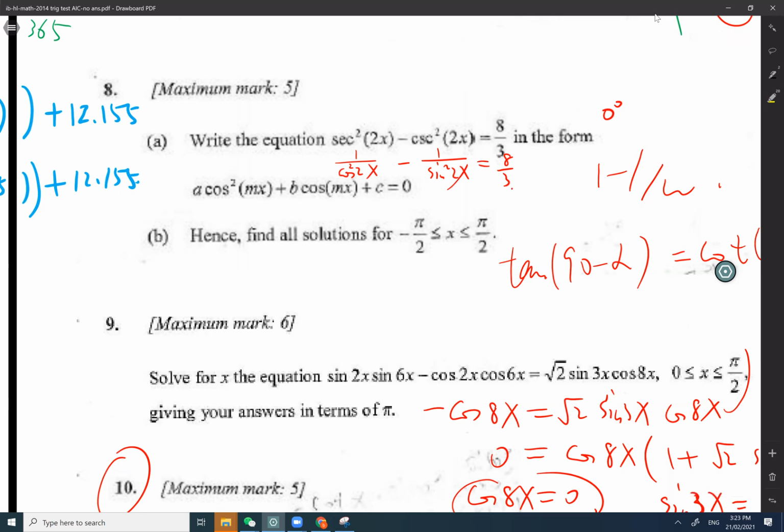Now, c squared, 1 minus c squared. We just change sine squared to 1 minus cos squared.